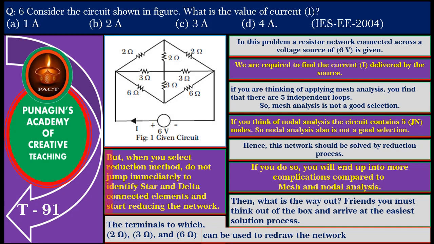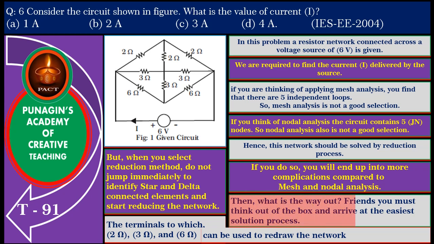But when you select the reduction method, do not jump immediately to identify star and delta connected elements and start reducing the network. If you do so, you will end up into more complications compared to mesh and nodal analysis. Then, what is the way out?